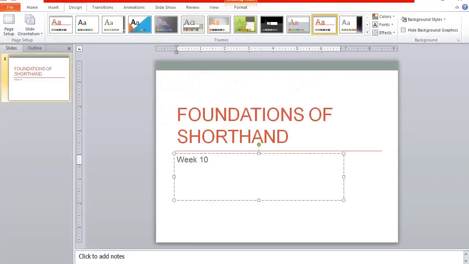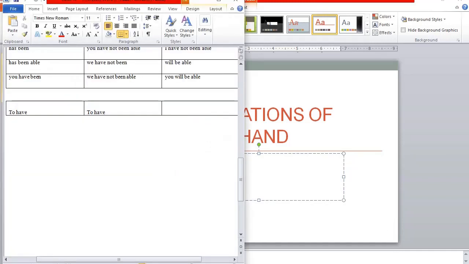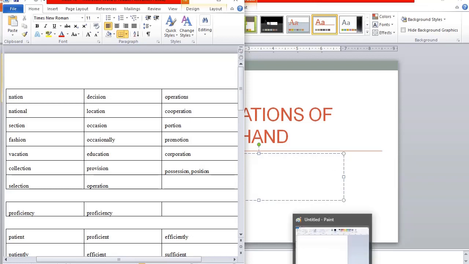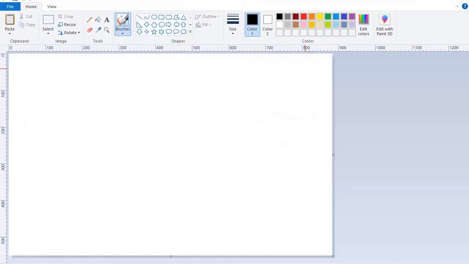So for this week, week 10, we're going to learn a new set of strokes. First, we have the Shon, Shensi, and Shent. In our previous lessons, in week 9, we discussed the TH, then the SH, CH, and J, and then the Li.